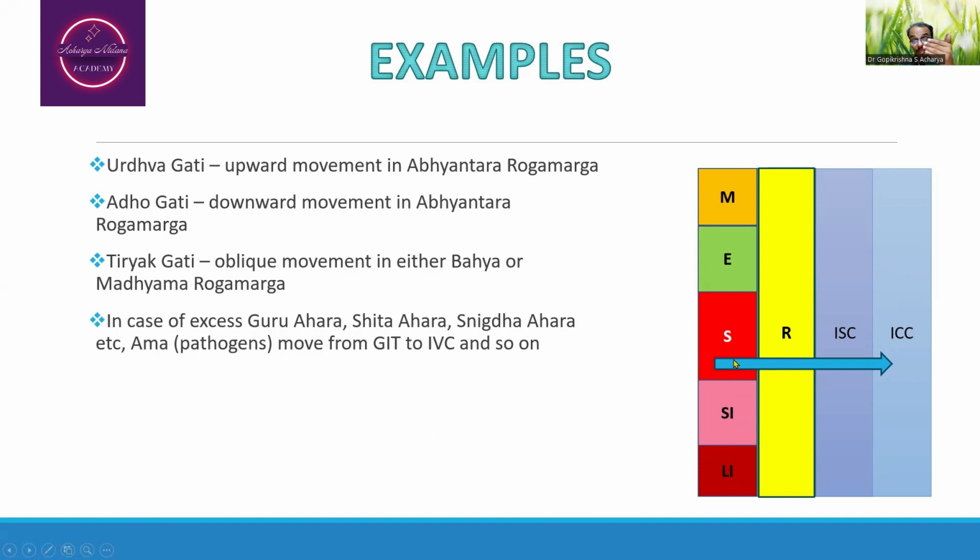And depending upon the duration of the stasis of the pathogens in the alimentary canal, they are going to produce a pathological event. That is the inflammatory reaction that can happen in the stomach, small intestine or large intestine. These inflammatory reactions are responsible for the production of inflammatory markers.